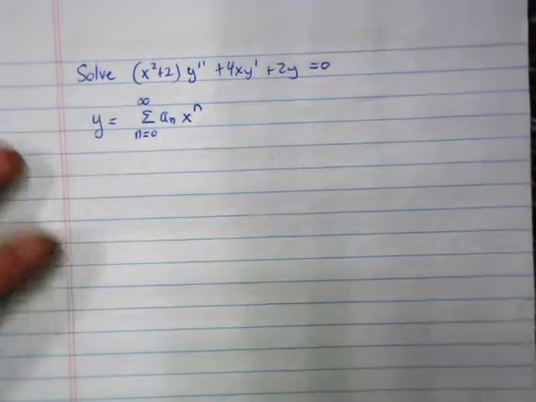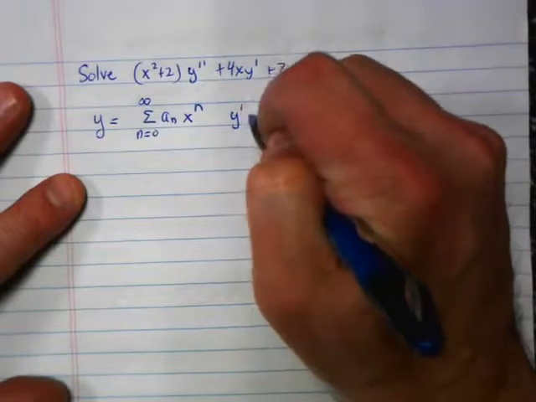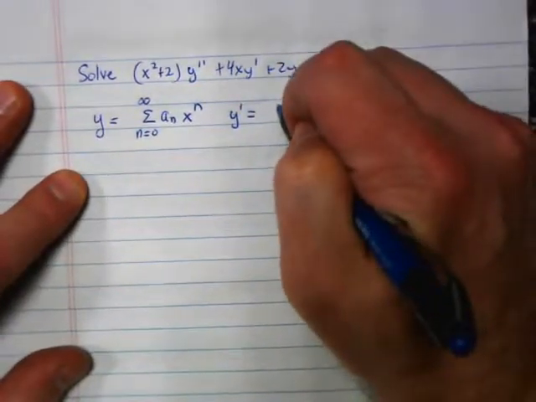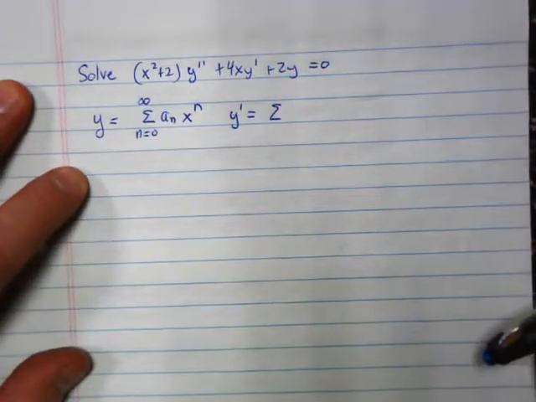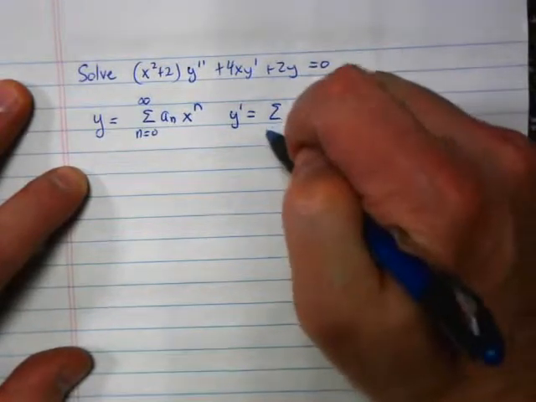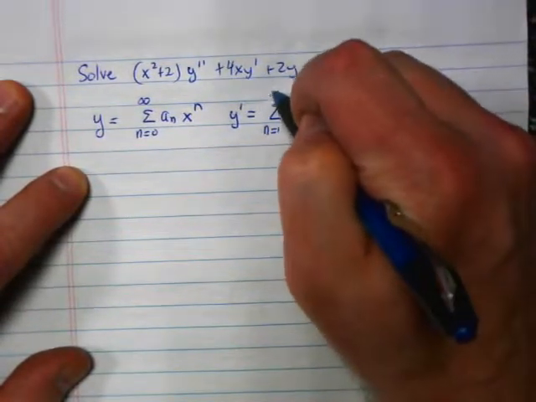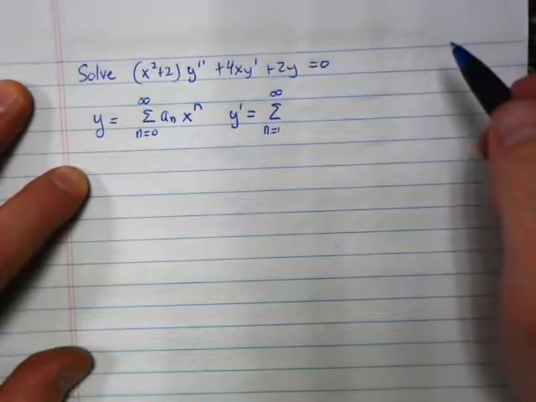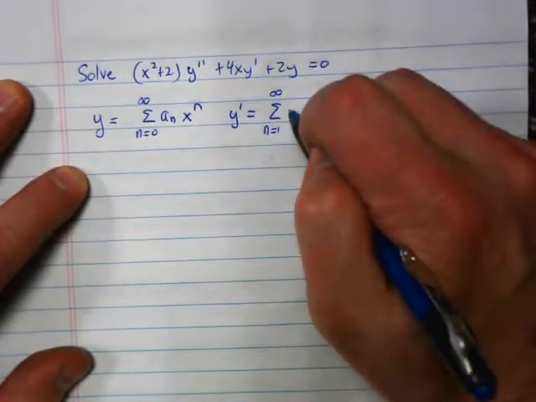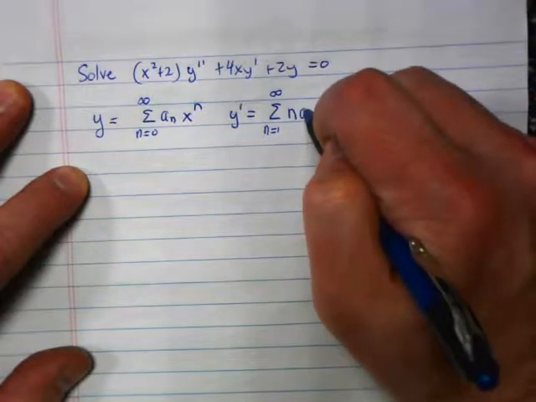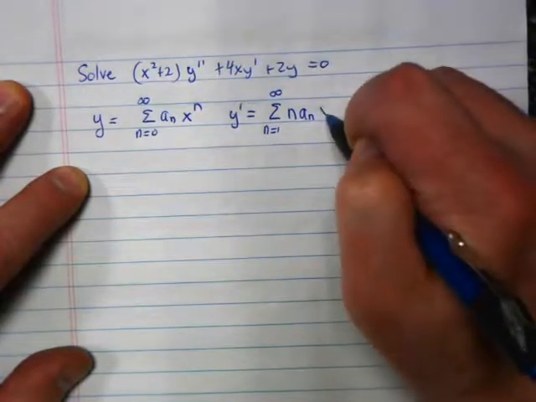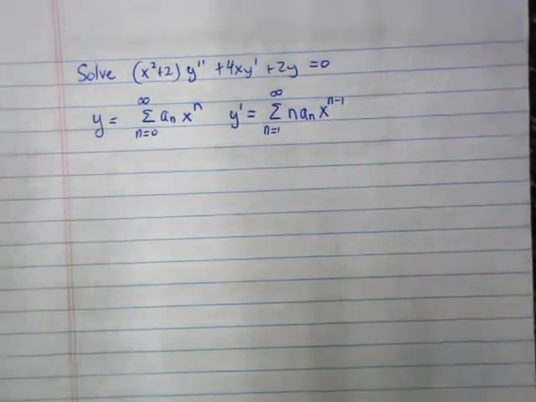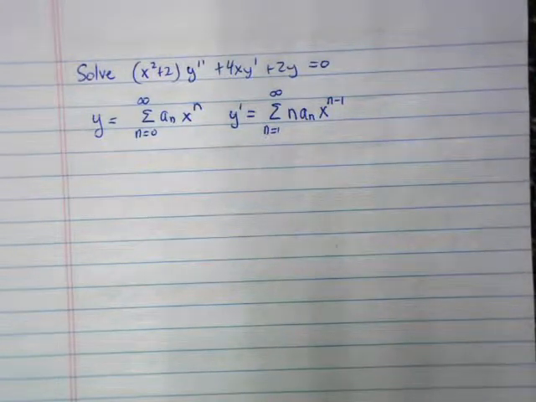And then we're going to have to take the derivative. So that's going to be the sum, n starts at 1 and goes from 1 to infinity, of n a sub n x to the n minus 1. We bring the power down and we subtract 1 from the power. How about y double prime?